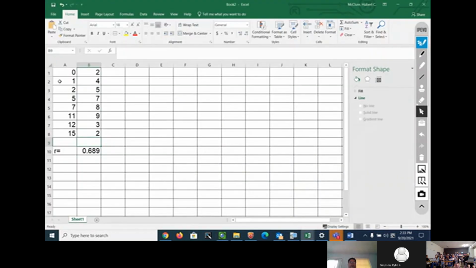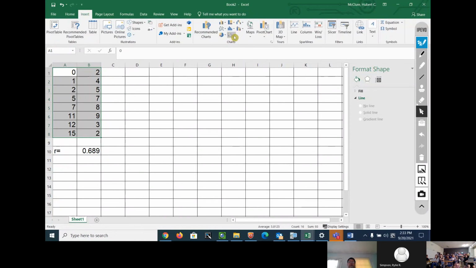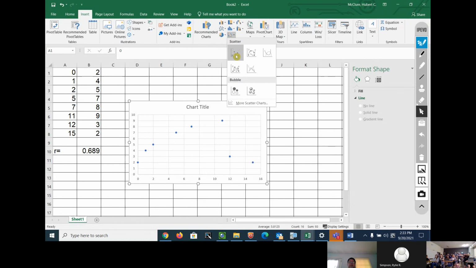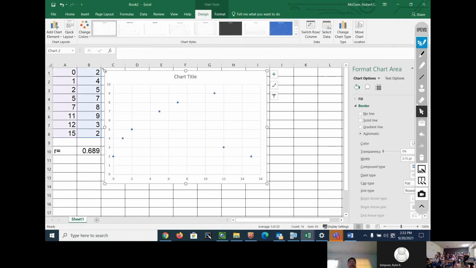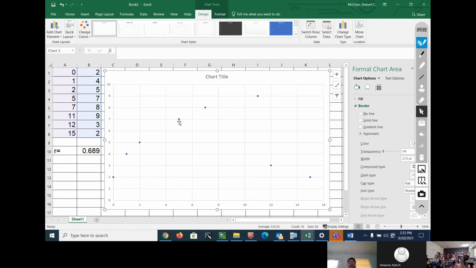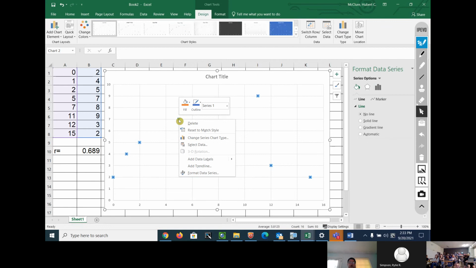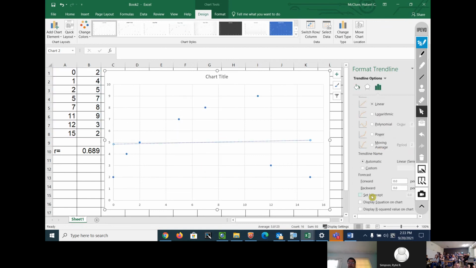Oh, sorry. Highlight, insert, chart. Make it big enough so y'all can see it. Right click on one of the circles, dots, add trend line, go down and hit display equation and display R squared.